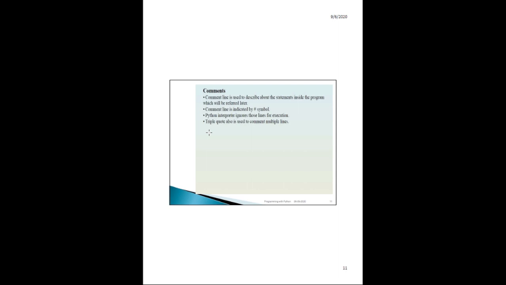So to have a better understanding of the code, developers use comments, which tell the purpose of a particular function, a particular module, or a particular statement. You can use a comment there.